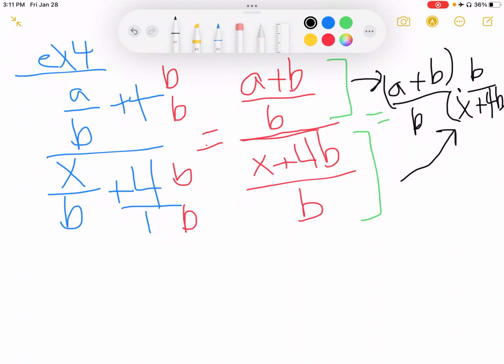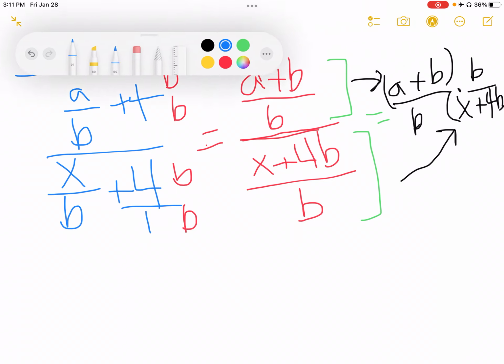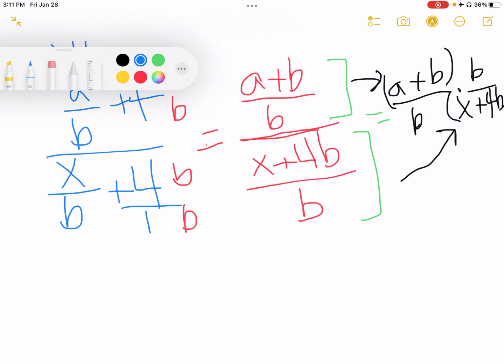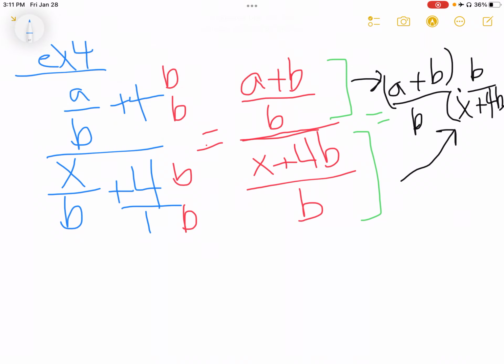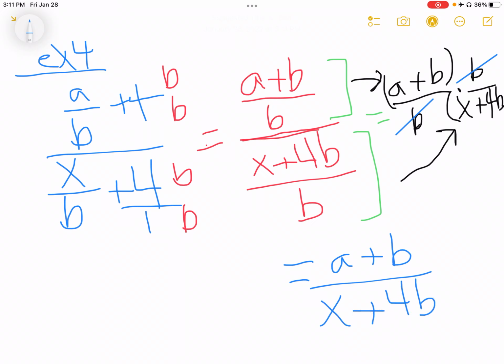Even if you want to pause the video to look, you can see that b is common here and b is common here, so they cross out. Then what you finally have for this one is a plus b over x plus 4b.